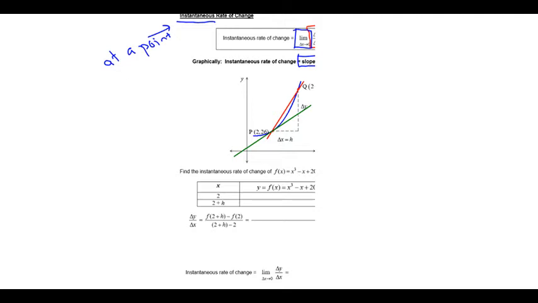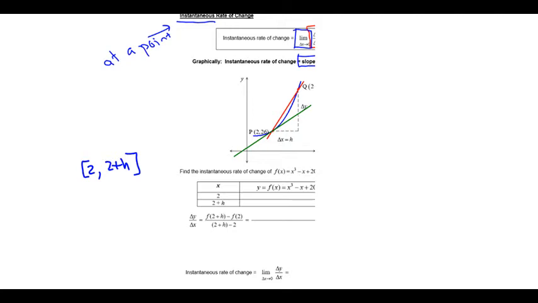So we know that one end of our interval is 2, and the other end of our interval will be 2 plus h, where h can represent any number. We can add 2 plus 1, 2 plus 3, 2 plus 4. We're not sure what the number is. We're just going to use 2 plus h as a placeholder for whatever value of h we would use in the future.